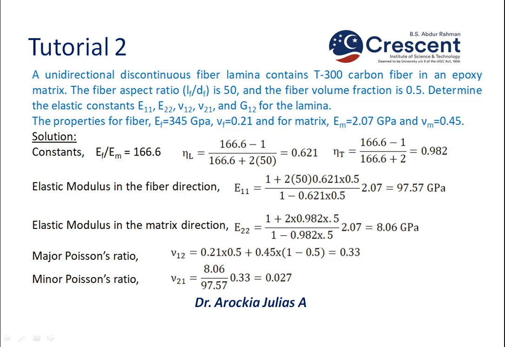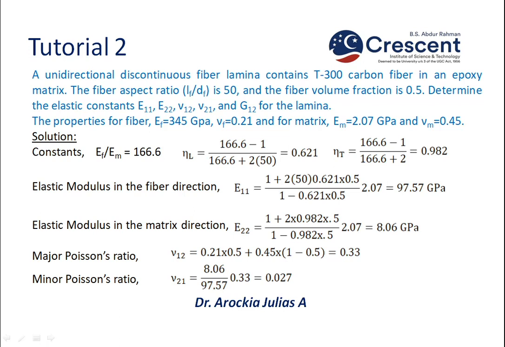The properties for fiber: EF equal to 345 GPa, nu F equal to 0.21, and for matrix: EM equal to 2.07 GPa and nu M equal to 0.45. So this is a unidirectional discontinuous fiber lamina where the fiber aspect ratio is given. So LF by DF is given, volume fraction is given. Now we have to find the elastic constants.